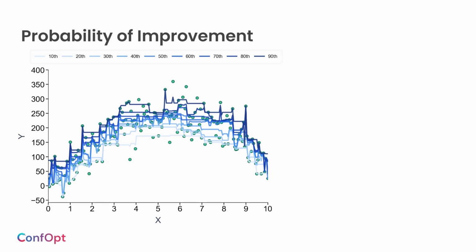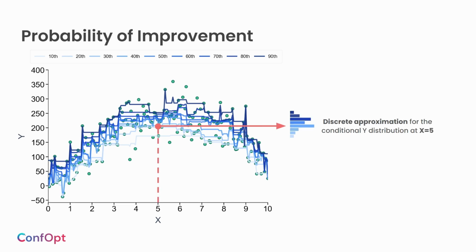And what you now get is, if I pick a random X point, like X equals 5, if I trace a line upward and take the cross section of the Y values of the quantiles, I now have this discrete approximation for the conditional distribution of Y at X, right? I have these 9 values for how Y is distributed along X conditionally.